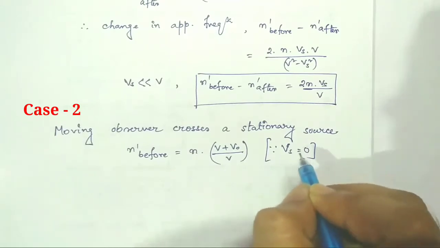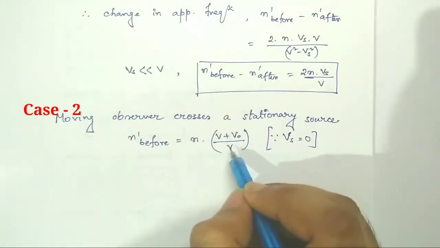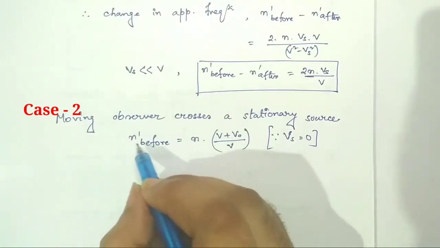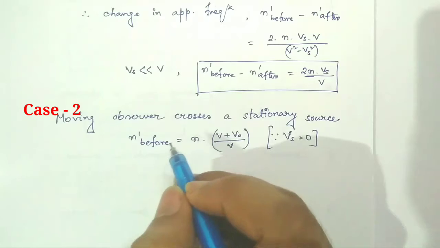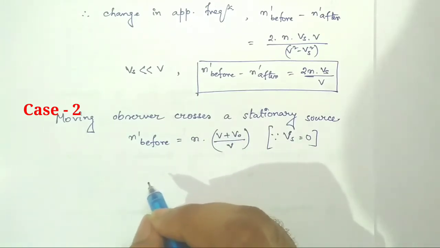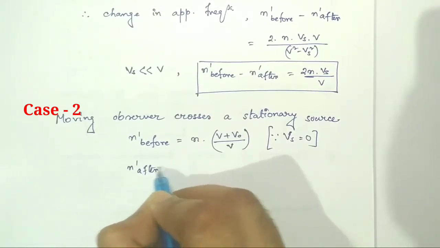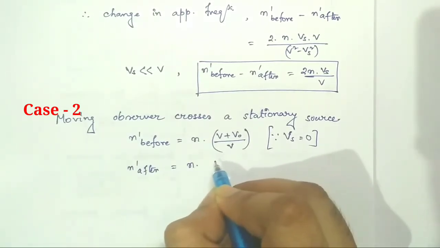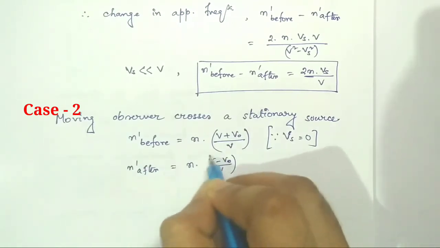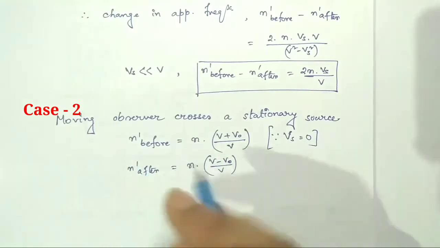The source is stationary. So you can see that the numerator is greater than V, so the apparent frequency n prime before will be greater. And the apparent frequency after crossing the stationary source is given by n prime after equal to n into (V minus Vo) by V, which will be less than n prime before.